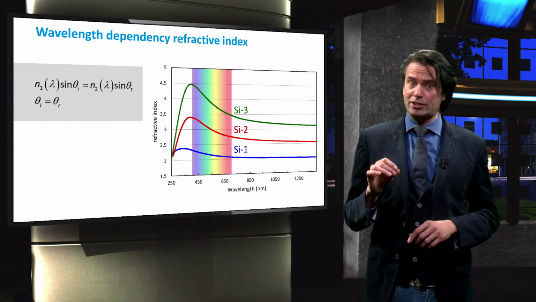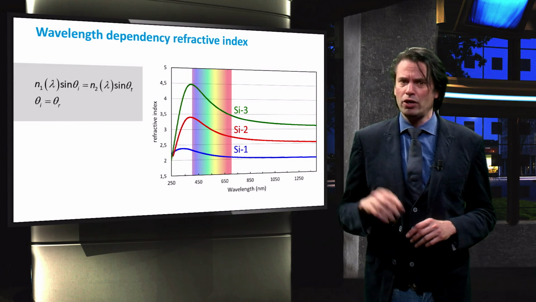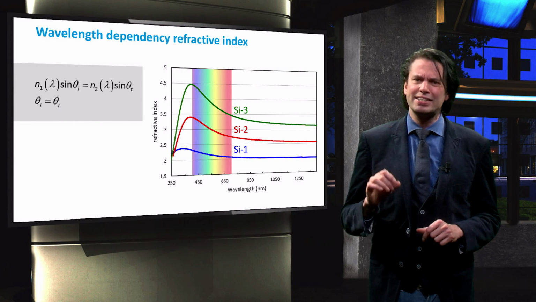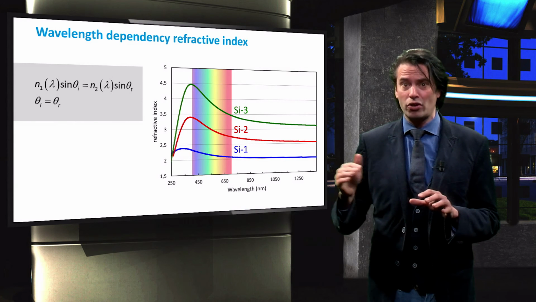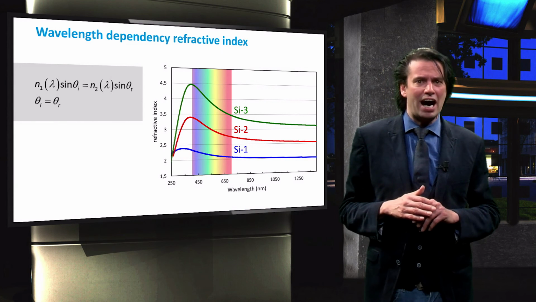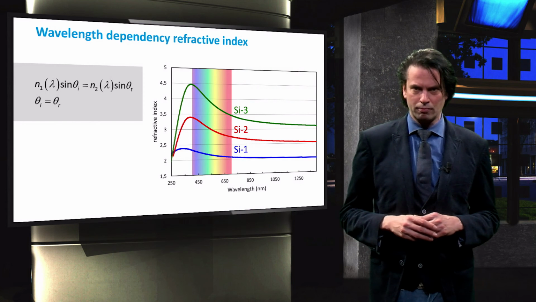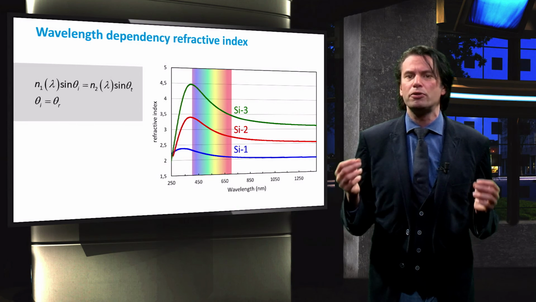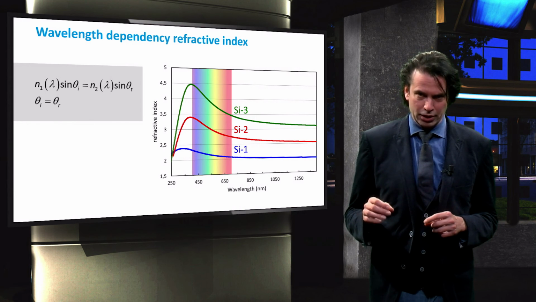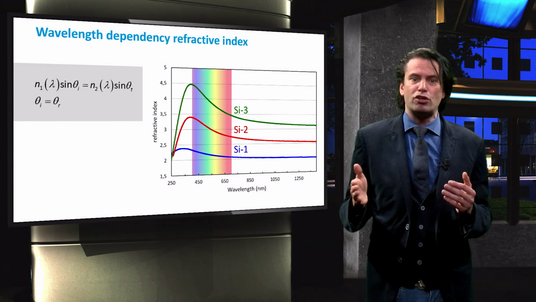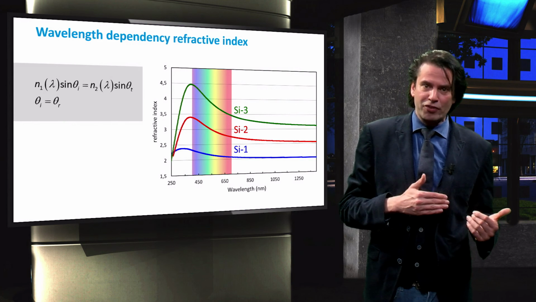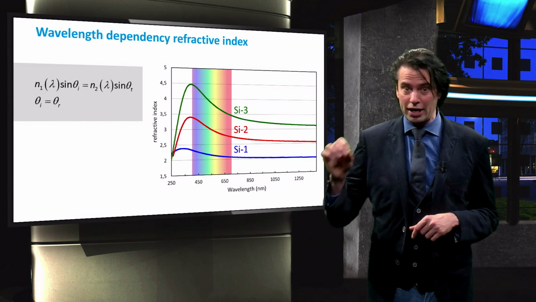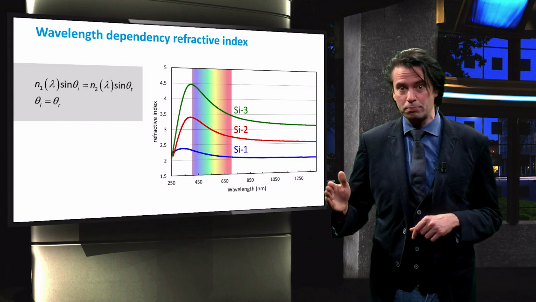The refractive index of the green silicon alloy 3, on the other hand, is strongly wavelength dependent. This means that light entering silicon alloy 3 will show a relatively high level of dispersion. The level of dispersion is therefore very much a material-dependent property. The greater the wavelength dependency of the refractive index difference between the two media, the greater the dispersion will be when light propagates from one medium to the other.